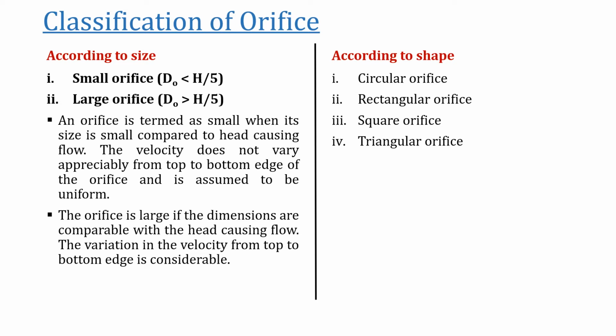If the diameter of the orifice is greater than h by 5, it is termed a large orifice, and the variation in velocity from top to bottom edge is significant, hence it needs to be considered. According to shape, orifices are available in a variety of shapes like circular, rectangular, square and triangular.